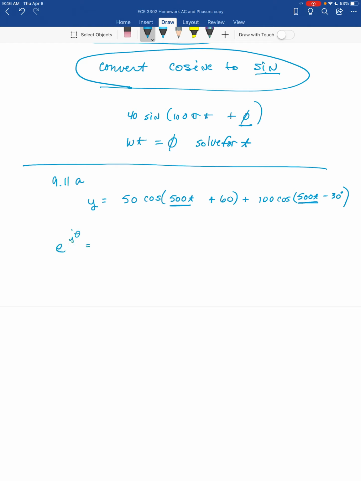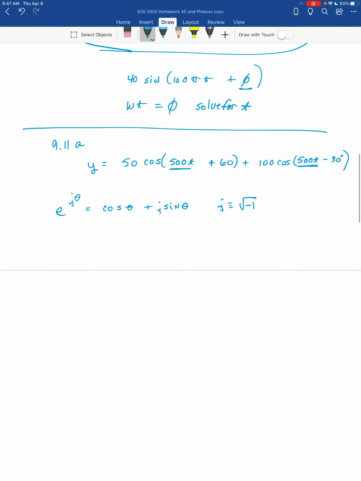Let's recall what the phasor domain is. Remember that e to the j theta is cosine of theta plus j sine of theta, where j is defined as the square root of minus 1, so it's imaginary. So the real part of this complex number, e to the j theta, is cosine theta.